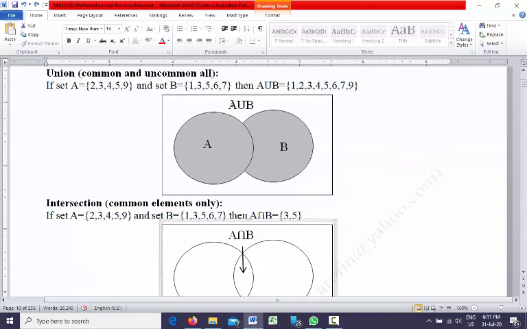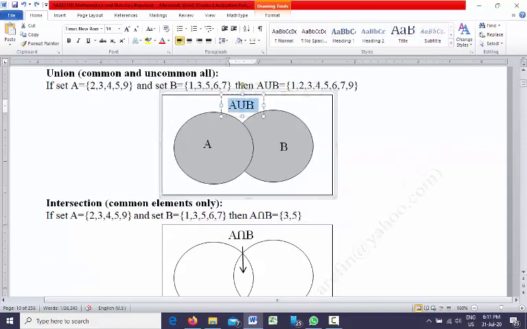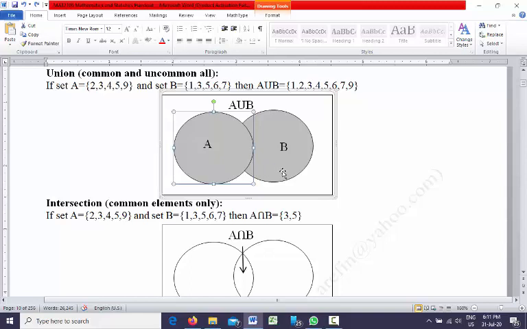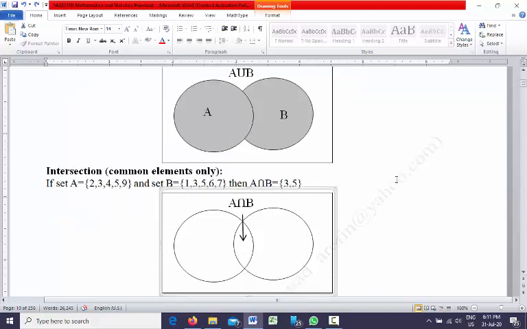So A union B we can call it either A or B or both parts. So A union B is the total area occupied by the shaded area.